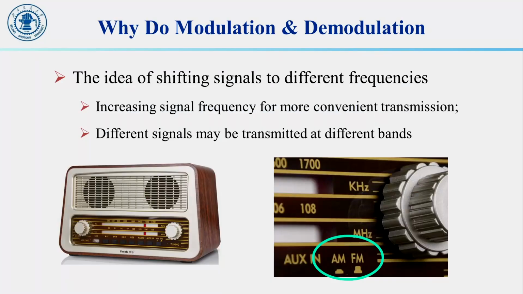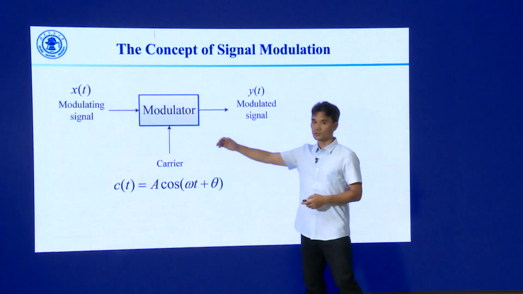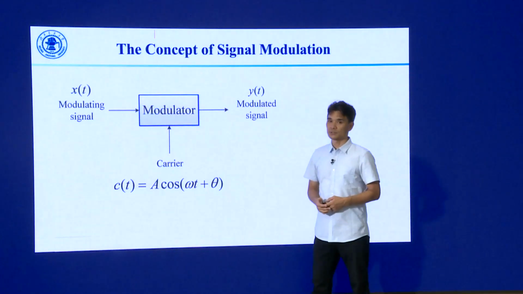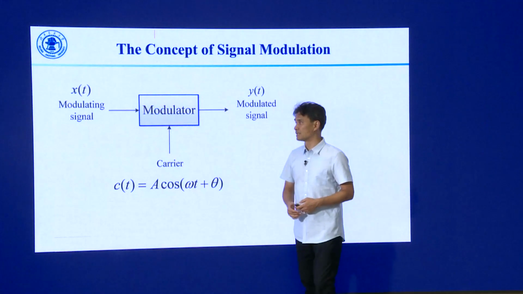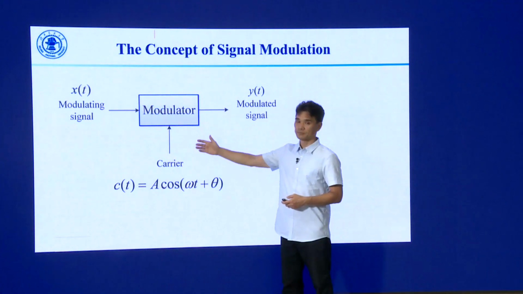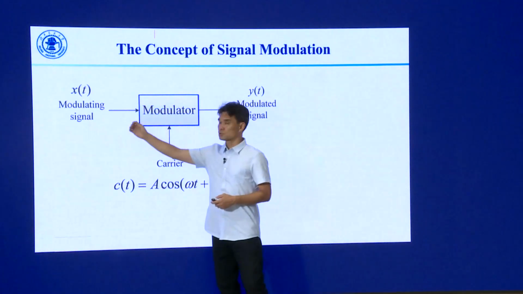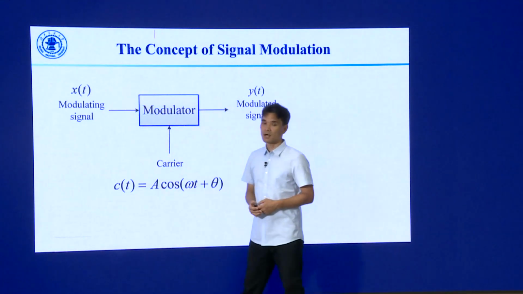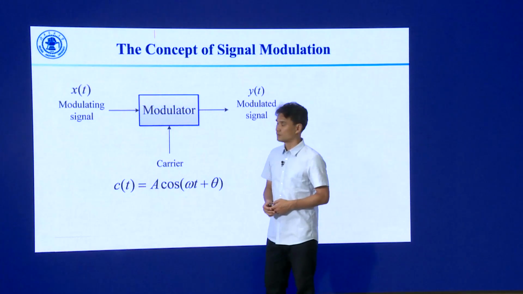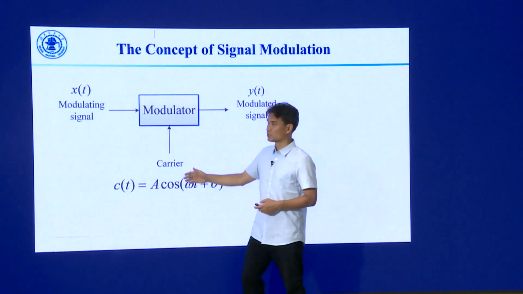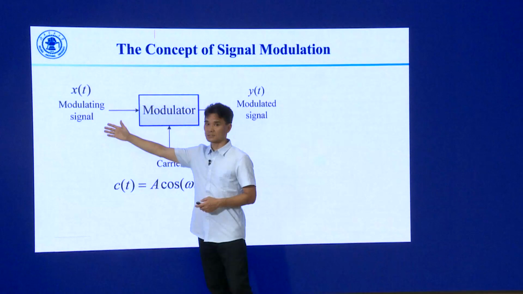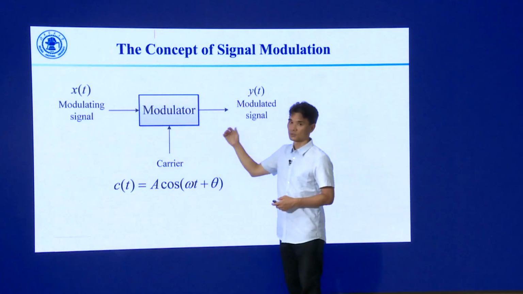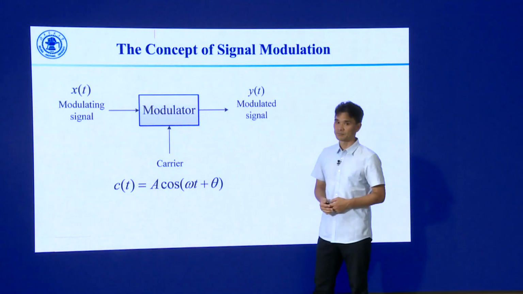So we have to introduce the concept of modulation. We have a unit called a modulator, which helps us implement the modulation. We want to transmit signal x of t. We call it the modulating signal. The carrier will try to carry the modulating signal and transmit it to its destination.